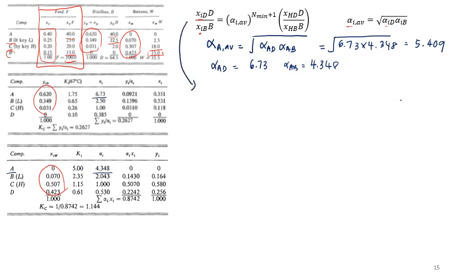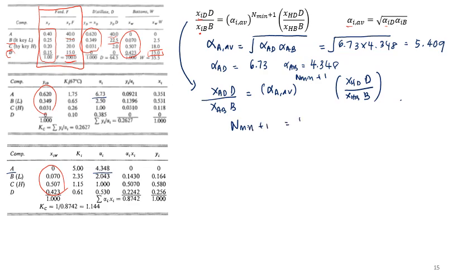Next, we use this formula: x_AD D over x_AB B equals alpha A average to the power of N min plus 1, times x_HD D over x_HB B. The N min plus 1 you calculated previously equals 5.404 theoretical trays. And x_AD D is what you want to find.